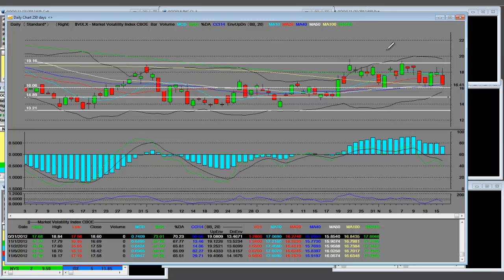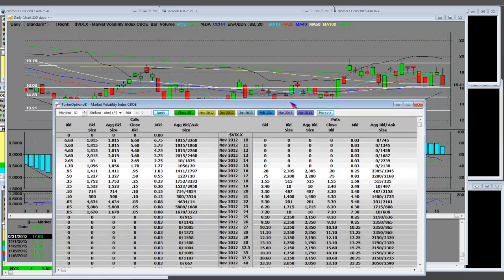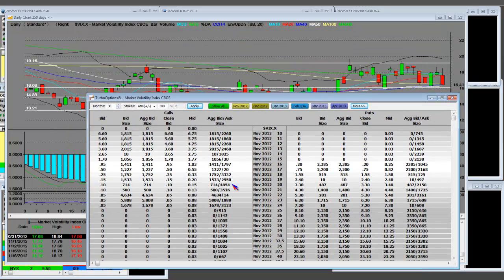If we shoot up in that VIX, people can buy VIX calls and similar options to manage the risk in their portfolio. You want that particular type of trade using the options on the Market Volatility Index, CBOE. If we believe this is going to go higher, then we look at up and out of the money calls, like a $20 call.